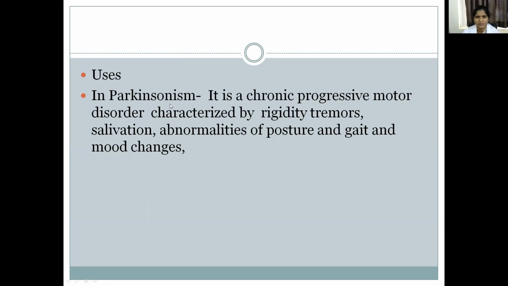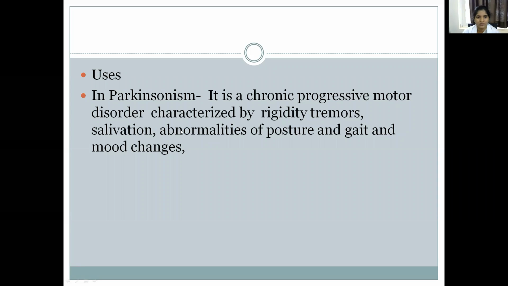It is nothing but a chronic progressive motor disorder. It is characterized by rigidity, tremors, salivation, abnormalities of posture and gait, and mood changes. It is also characterized by an expressionless face and tremors.